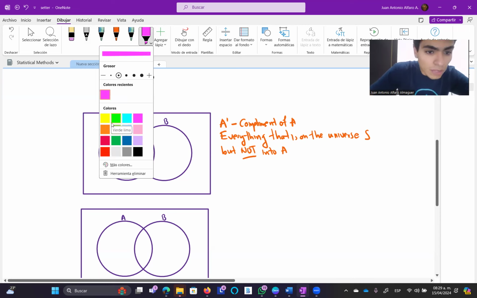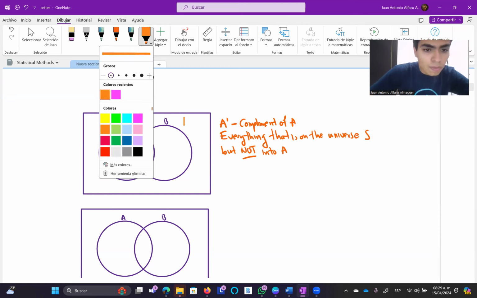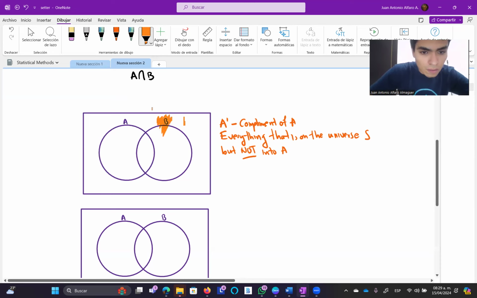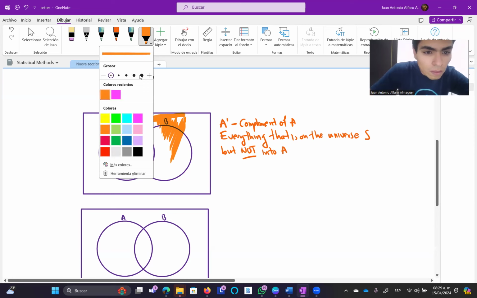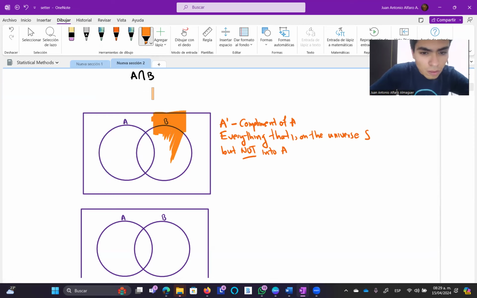The complement of A will look something like this. All of this is the complement of A: everything in the same universe, denoted with an S, that is not inside of A.